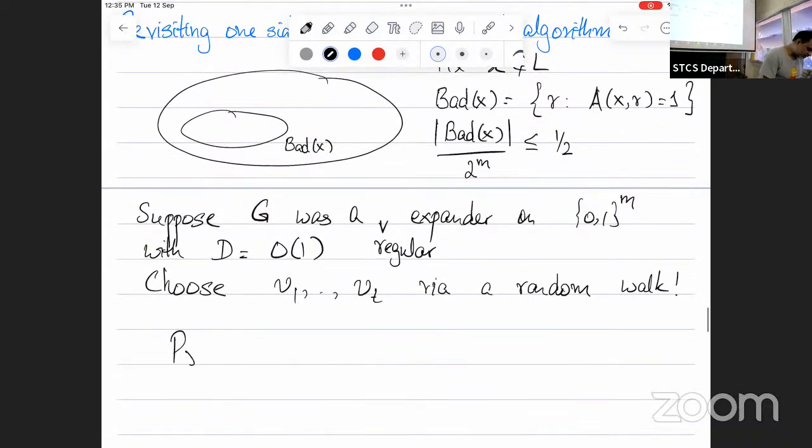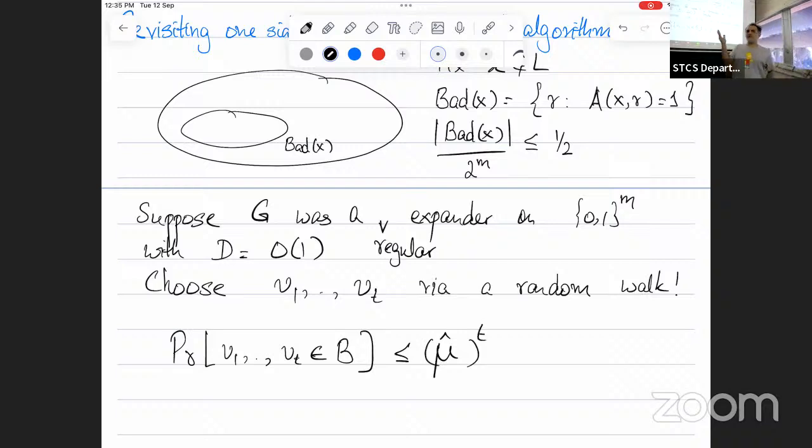We just argued that the probability that all of these things end up being inside this set B is at most some mu hat power t, where mu hat was some constant between half and 1, but nevertheless a constant.